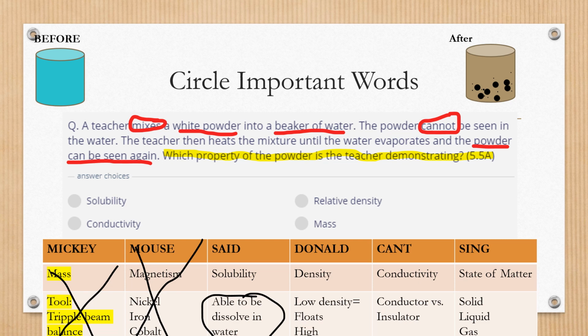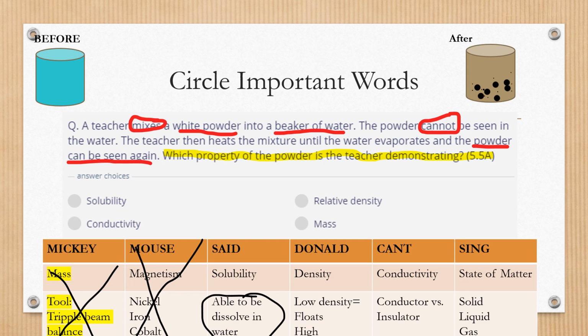It can be solubility because the teacher was dissolving the powder. She couldn't see it and then she evaporated, so it was there. It can be solubility. Was the substance floating or sinking? No. The question does not mention anything about that. It cannot be density.